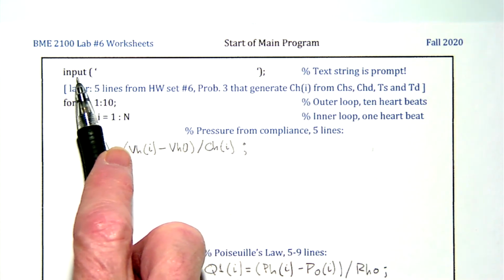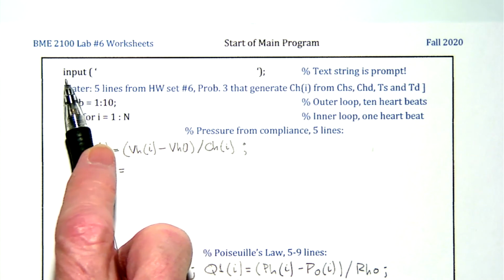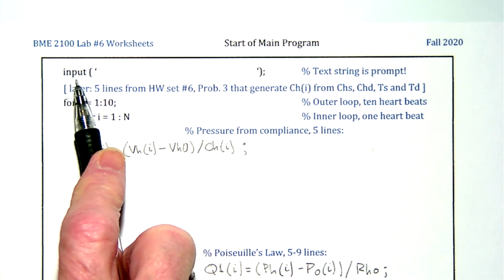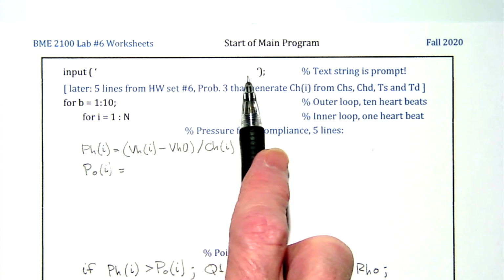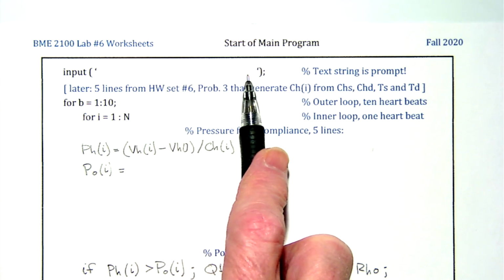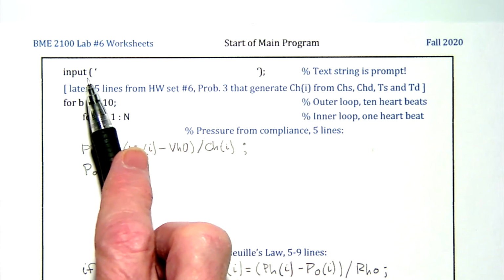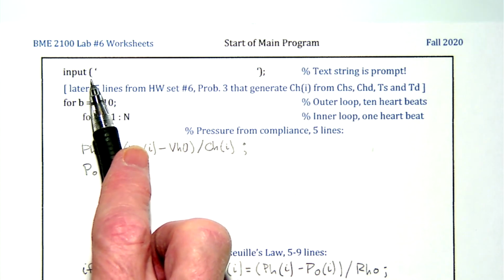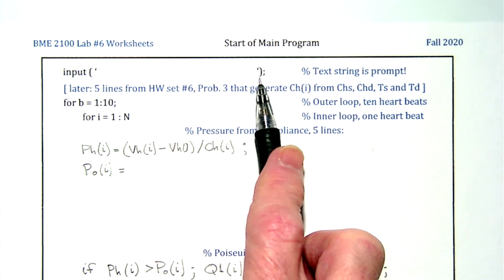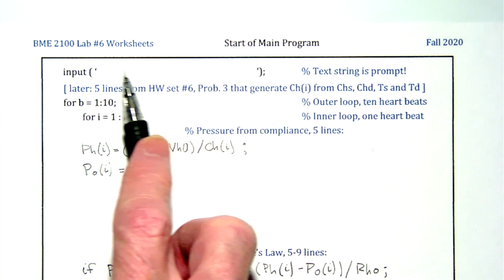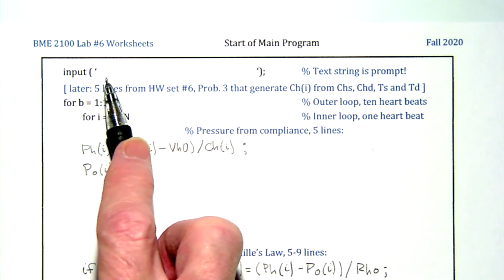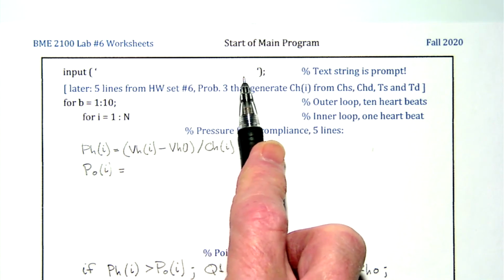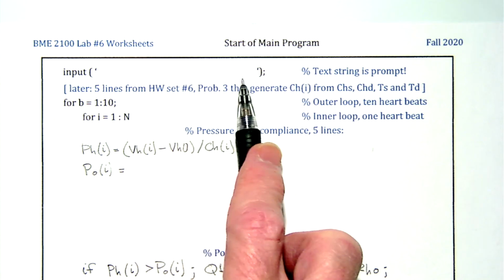Starting first with the input command. This is where we enter in the parameter file, the various values of the parameter file for the situation that we are simulating with the main program. This is a very misunderstood input command because what's inside the parentheses is not the name of the parameter file, but rather this is just a prompt to remind you now is the time to type in on the keyboard the name of the parameter file.